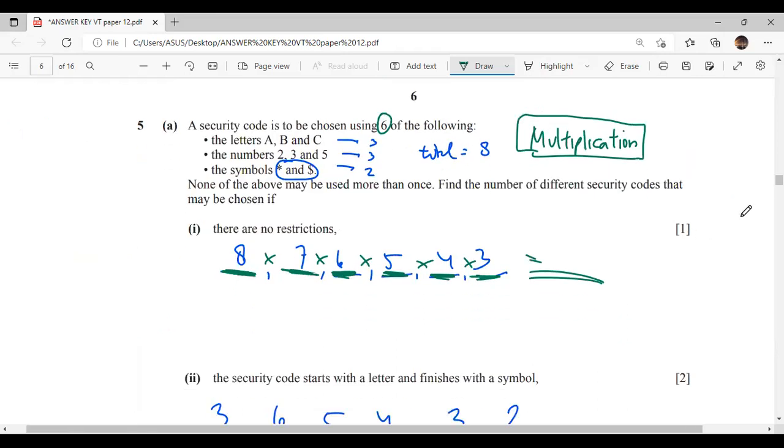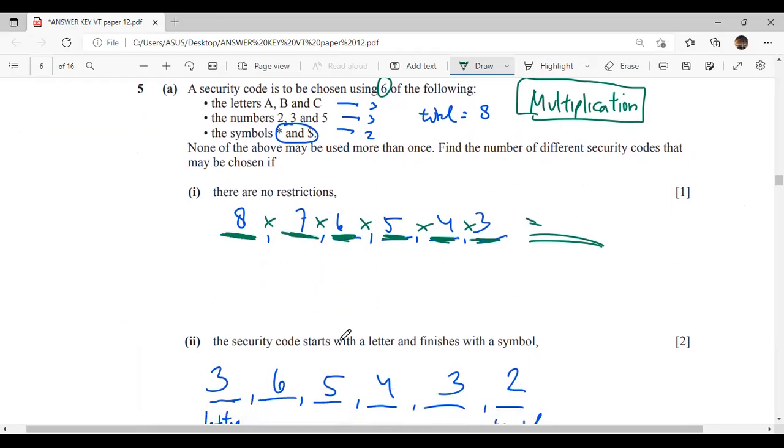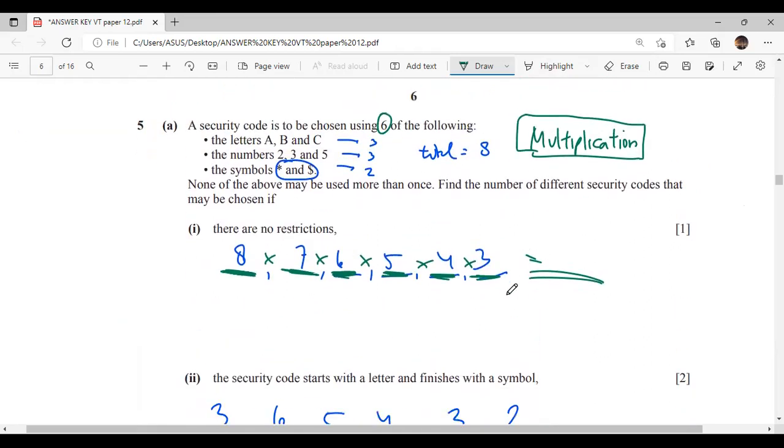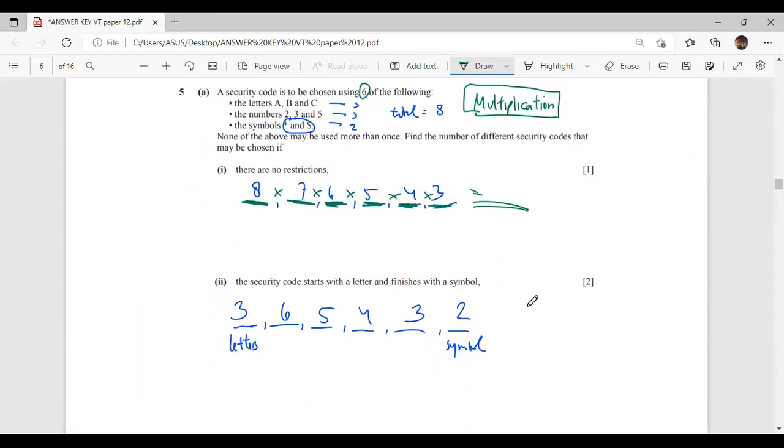Next, the security code starts with a letter and finishes with a symbol. As you can see, we have 3 letters, so it's either A, B, or C, and it finishes with a symbol. There are only 2 symbols: star or dollar.